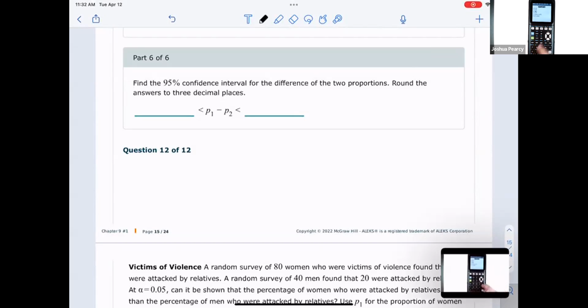And then n2. And you tell it the confidence level as a decimal. So if alpha is 0.05, the confidence level as a decimal is 0.95 or 95%. Then go down, hit calculate, tells you the interval.